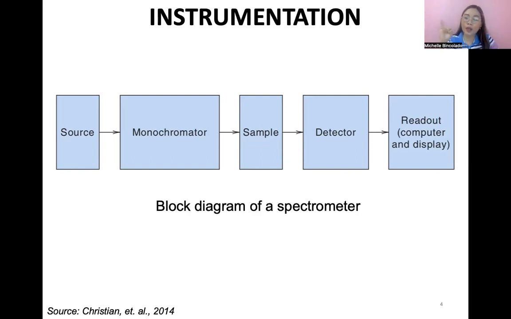So number 2, I repeat, generally we call it a wavelength selector. Number 3, your sample. Saan nilalagay yung sample? Sample compartment. Number 4, detector. And guys, the last one, the fifth one, is our readout or display. Okay? So again guys, ito yung correct order, ito yung tamang sequence ng components inside our spectrometer.